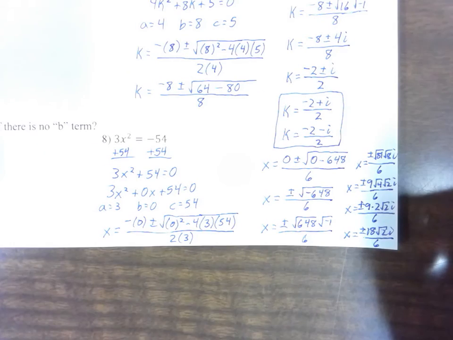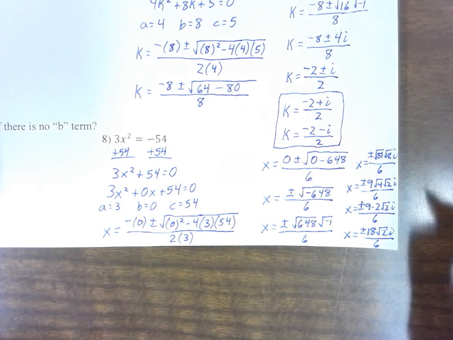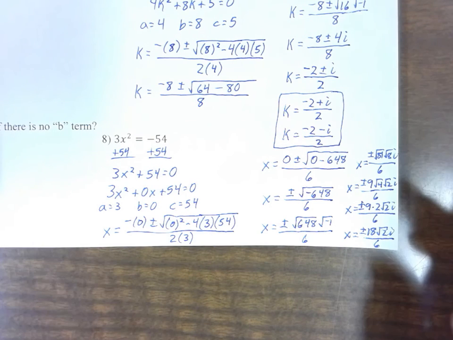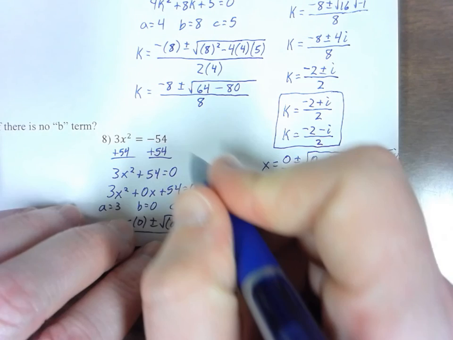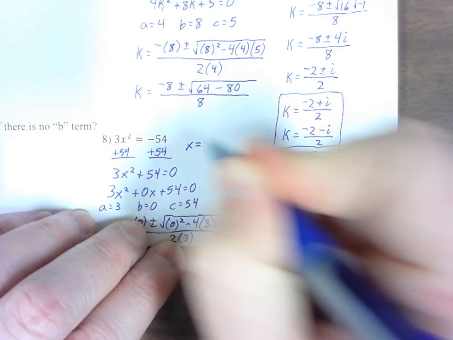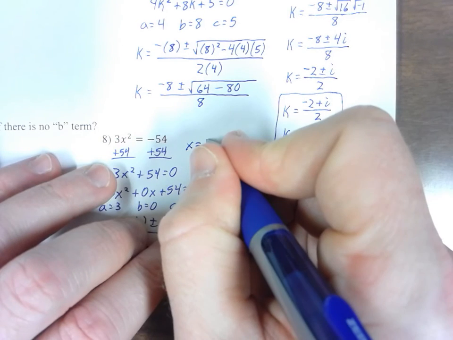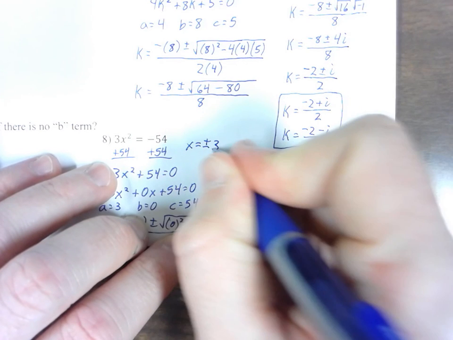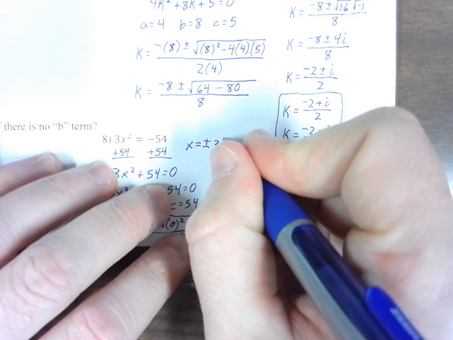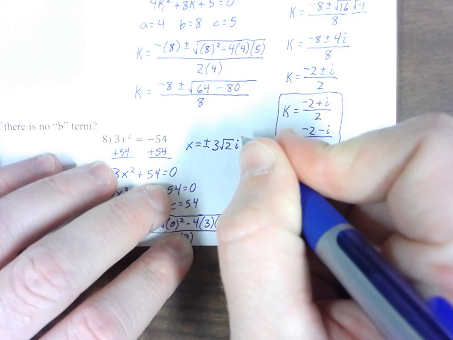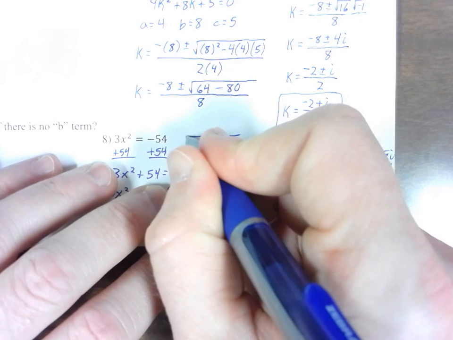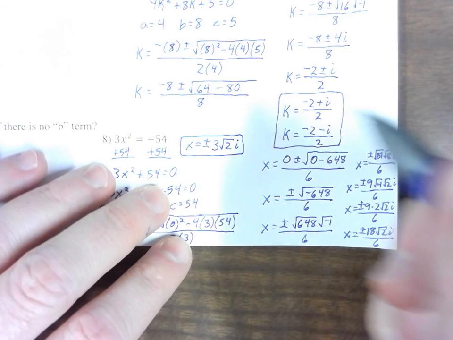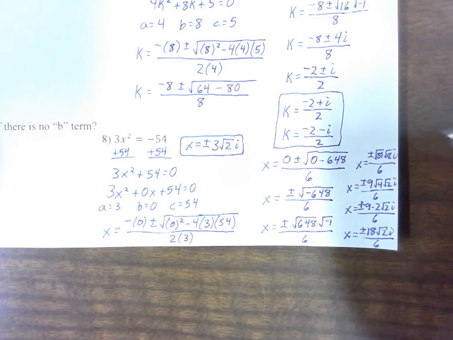And so my final answer, I'm going to write this right by the original problem here, is x equals plus or minus 18 divided by 6 is 3 square root of 2 i. So I could write that out as x equals 3 square root of 2 i and x equals negative 3 square root of 2 i.